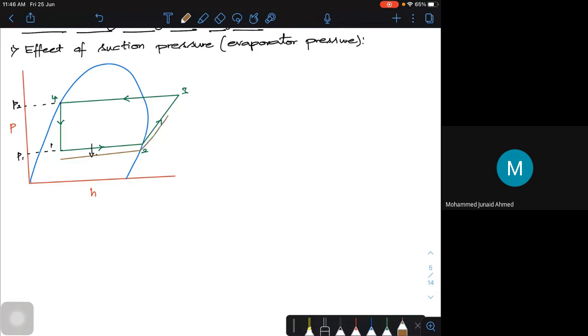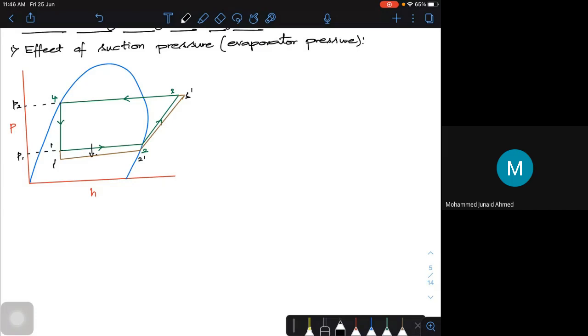It will go to this particular point instead of this one. Let me call these 1 dash, 2 dash, and 3 dash.